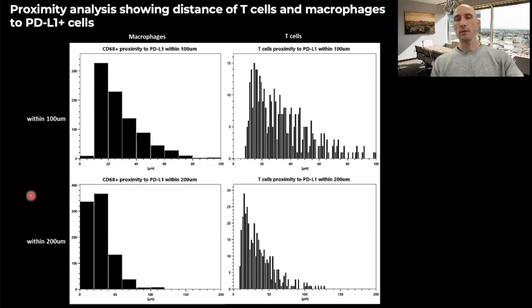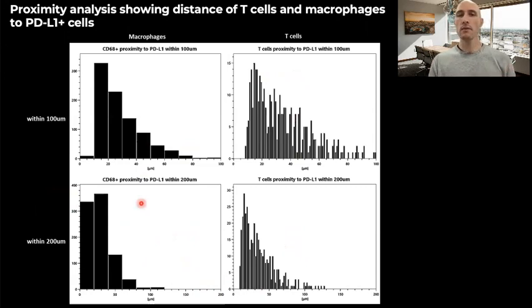The other conclusion is that both macrophages and T cells are no farther than, I would say, 140, 150 microns, because you don't have cells farther than that. So all of them seem to be closer to the tumor, at least within 150 microns.